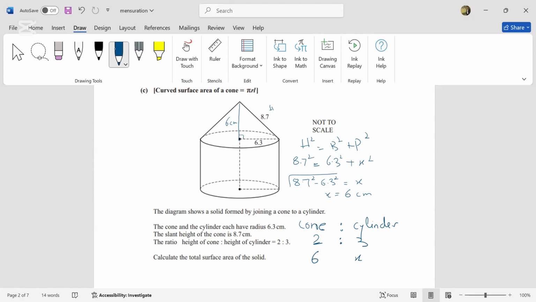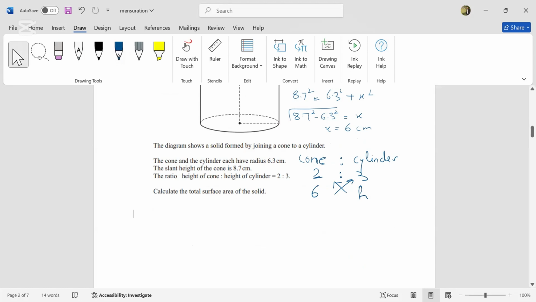Actually, further we have already taken x as this, so we can mark it as y or as L. Okay, so I'm marking it as h. Let's cross multiply. Okay, with this working, we get the height of cylinder as 9 centimeter.